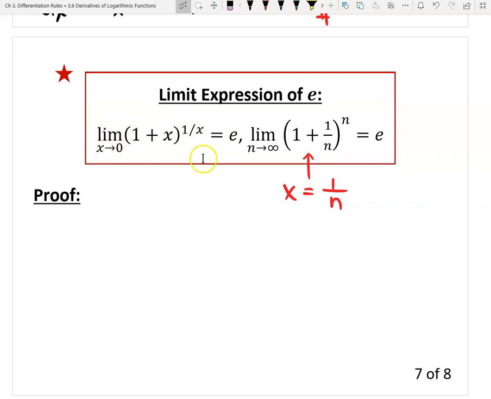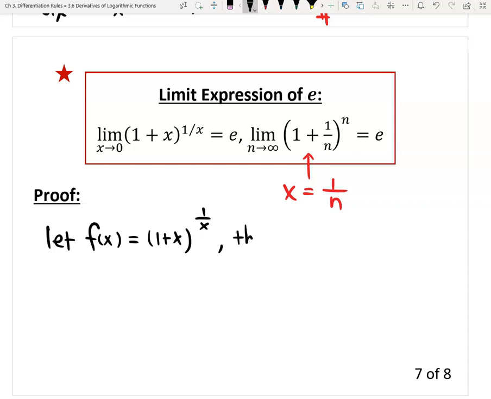Does that make sense? The first, I said, we will use log to simplify. That is all the idea we need. So let me set up f(x) as the function for that big term, which is (1 plus x) raised to the 1 over x power.